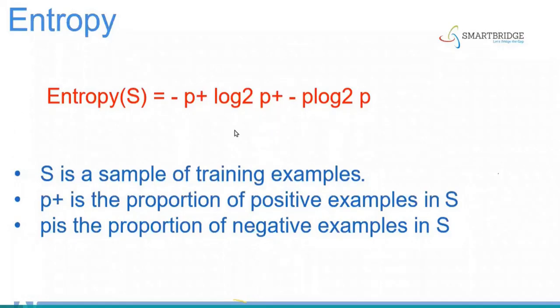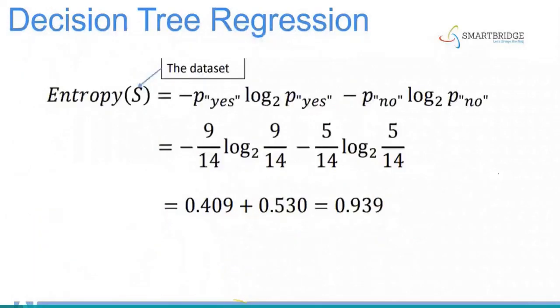So let's calculate the entropy value first. Minus P, P is nothing but the probability. So 9 divided by 14. I hope everyone knows the probability, right? So entropy is calculated by minus probability of yes times log 2 probability of yes, minus probability of no times log 2 probability of no. So the probability of yes will be 9 by 14 log 2 9 by 14, minus 5 by 14 log 2 5 by 14.